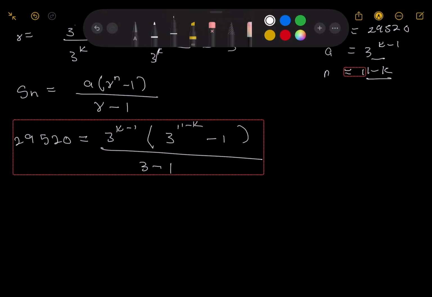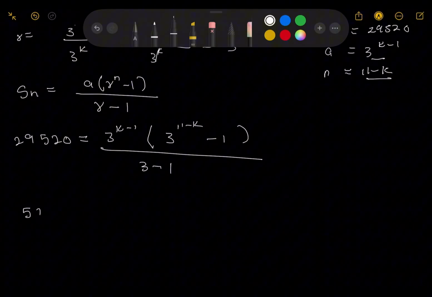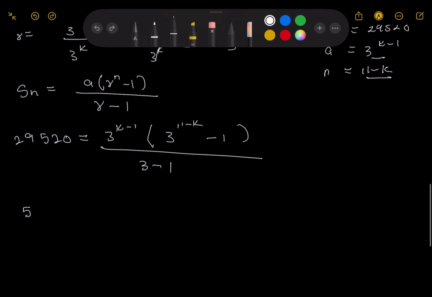And simplifying, pressing the calculator, 2 times 29520, we are going to get 59040, which is equal to 3^(k-1) times 3^(11-k) minus 1.